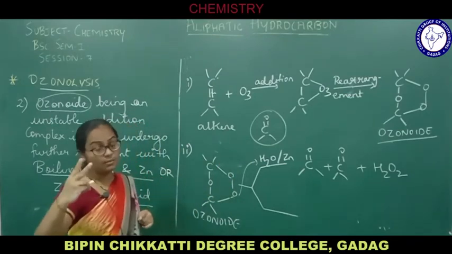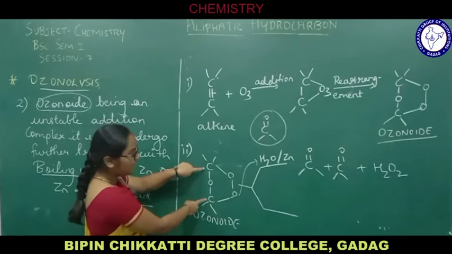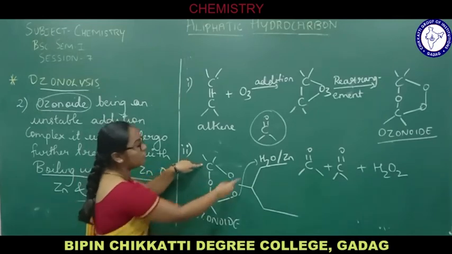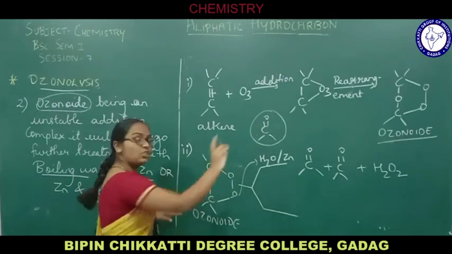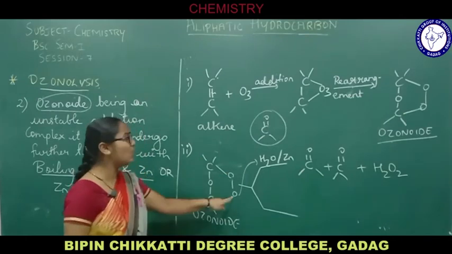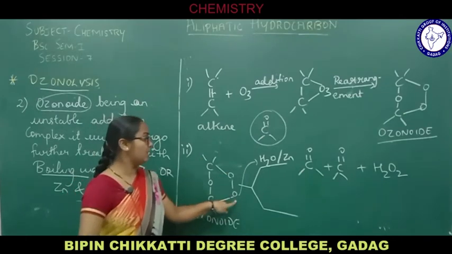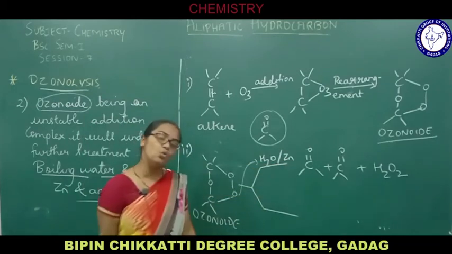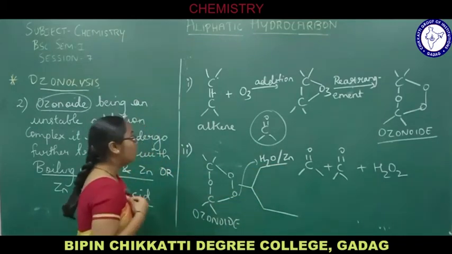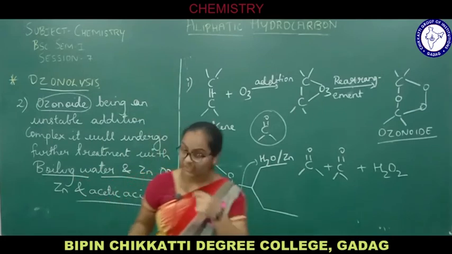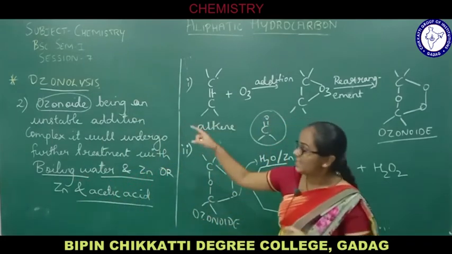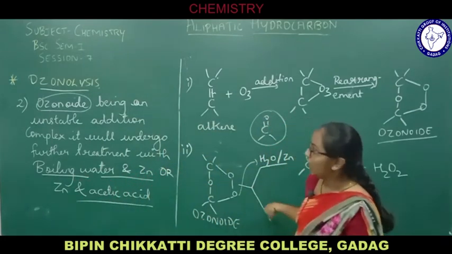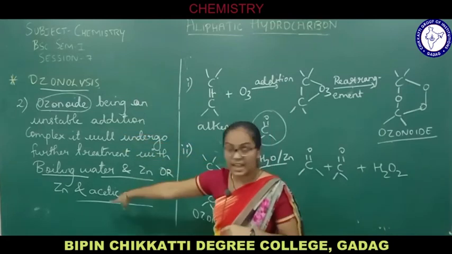Two carbonyl carbons form because two carbons are there, and with these two carbons, two oxygens go by formation of a double bond. The one oxygen which is left combines with the water to form hydrogen peroxide, H2O2.